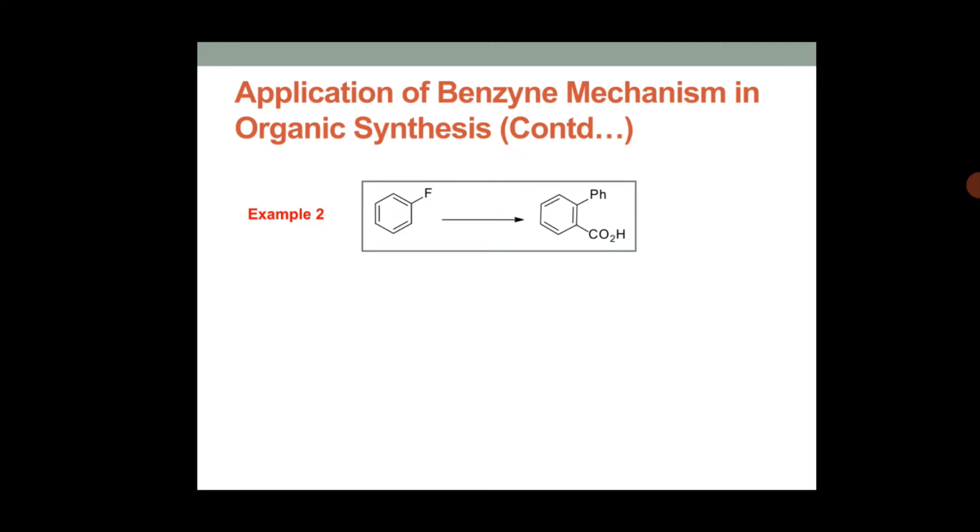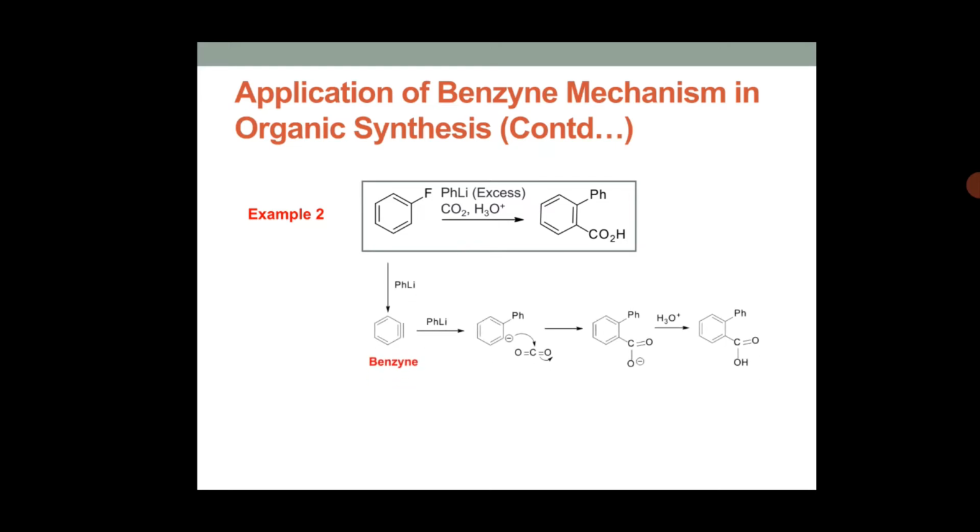It can be converted into benzyne. So let's see how we can convert the benzyne intermediate to 2-phenyl benzoic acid. We can do this by treatment with phenyl lithium in excess, followed by treatment with carbon dioxide and acid.